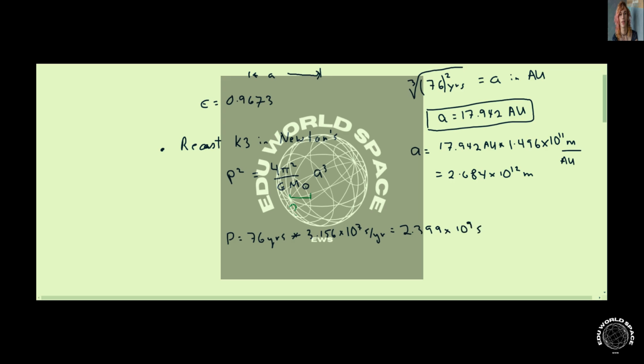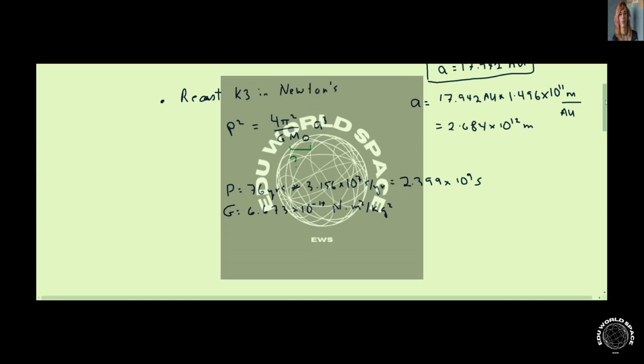And we can then put a in there, and G. We can look that up in SI units, so newtons and meters and kilograms. And we can put that all together and solve for the mass of the sun.